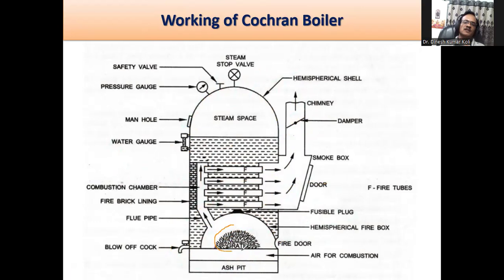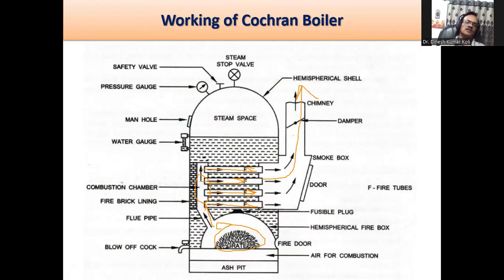The combustion of the fuel takes place at this portion, and it produces hot gases. Then these hot gases pass through the flue pipe, through this area, which is also covered with the firebrick lining, and then through these tubes, which are called fire tubes. Passing through the smoke box, they leave the boiler.